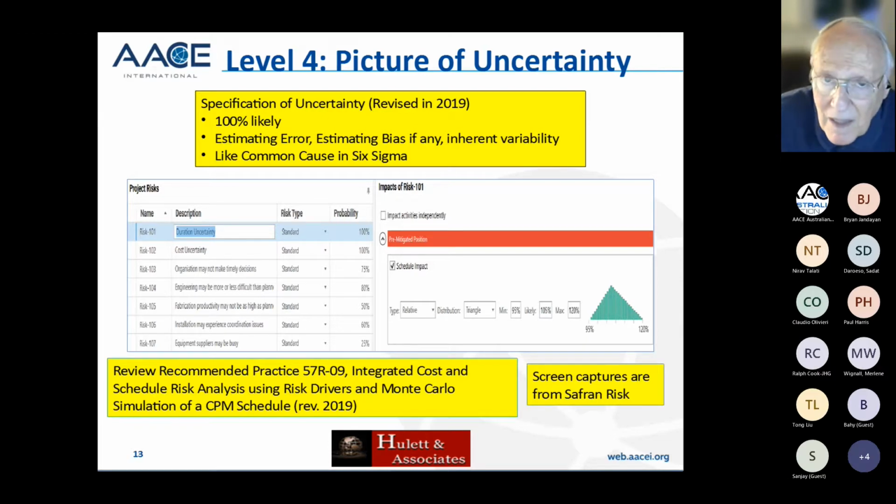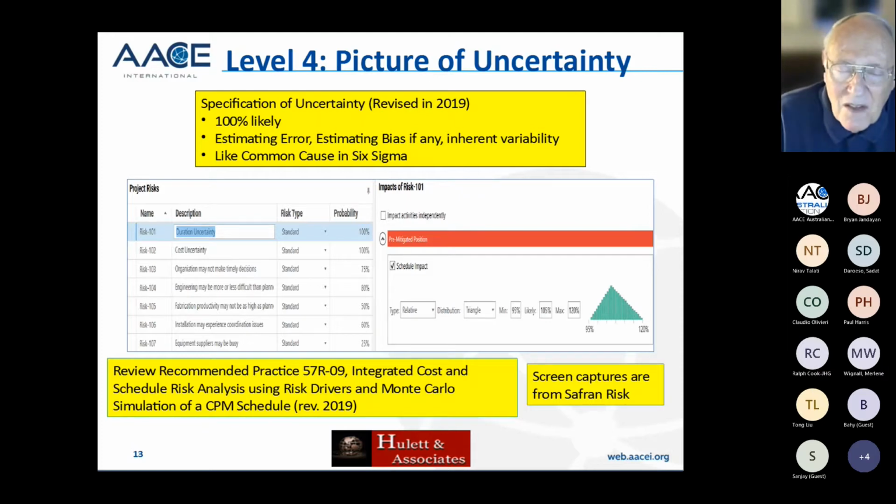Estimating error. This is not saying the estimators are bad, the schedulers are bad, the planners are bad. This is saying that every single discrete number that you put in there has an error factor. And the mature ones of us understand that's not a knock on them. Estimating bias. I've seen projects where they say the schedule is for 32 months, but when we look at the bias, we think that most likely it's going to be 36 months or 40 months.